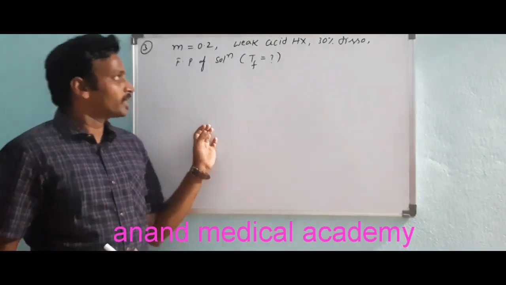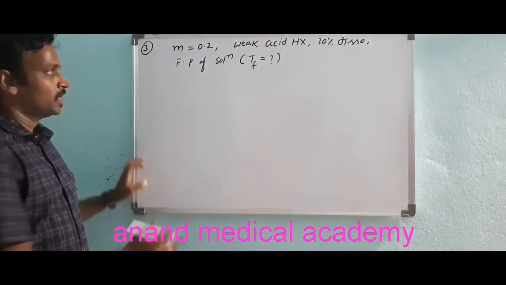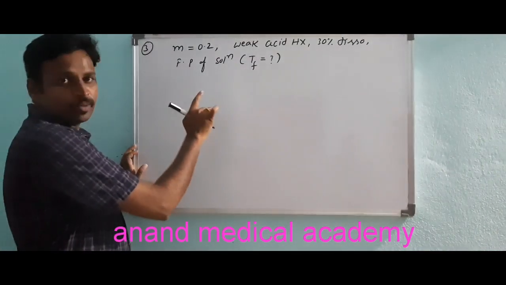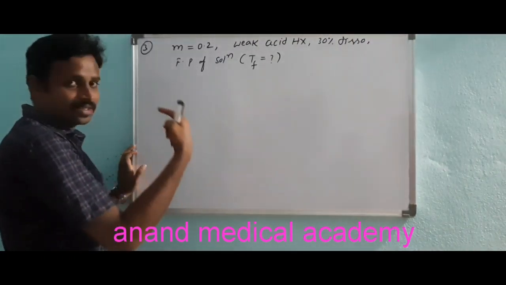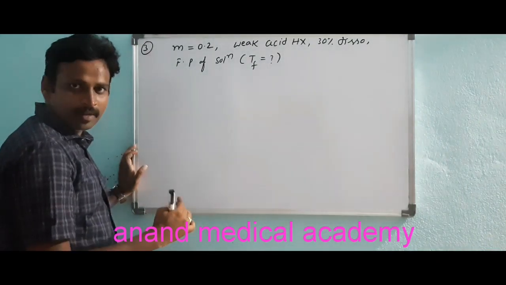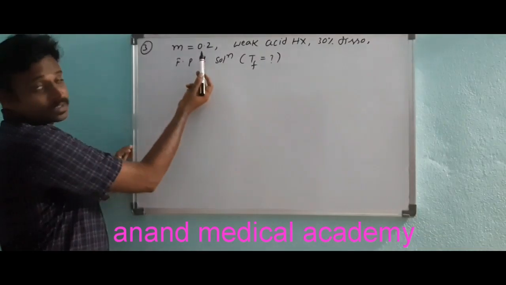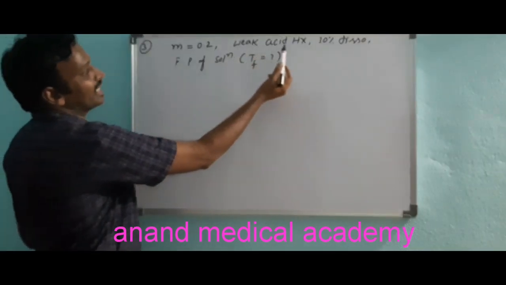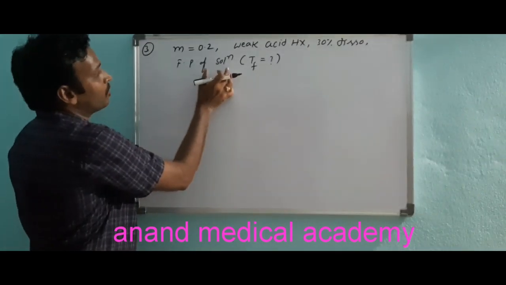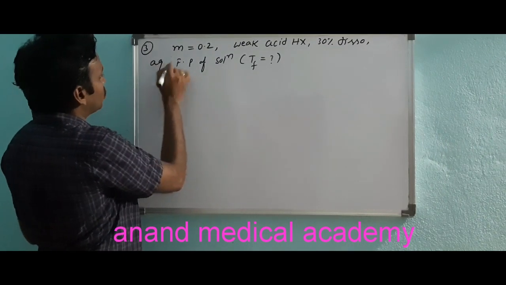Okay. Third numerical, regarding depression in freezing point. I'm telling you again, pause your video and write down the numerical, and let's think what the formula for it is, and don't follow blindly. Okay. See, molality was given. Small m means molality, 0.2. Weak acid HX, 30% was dissociated, and the freezing point of the solution, and here it is an aqueous solution.